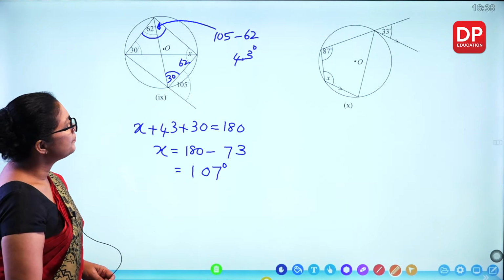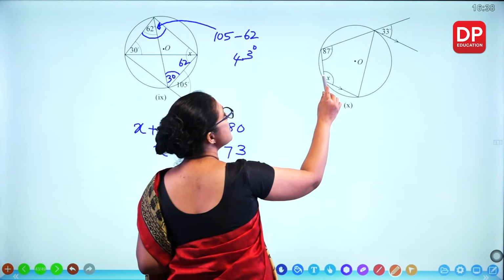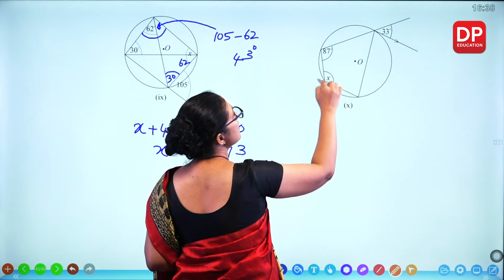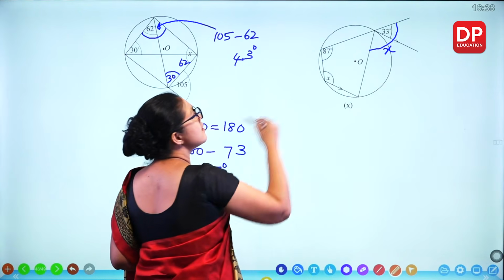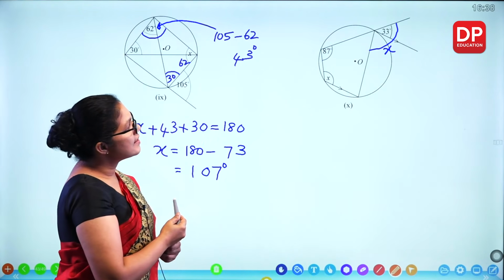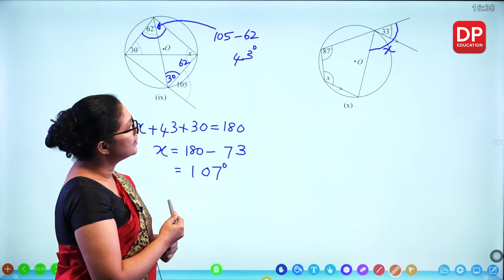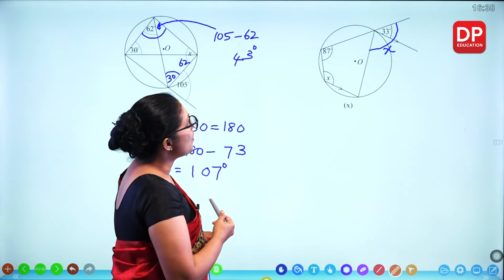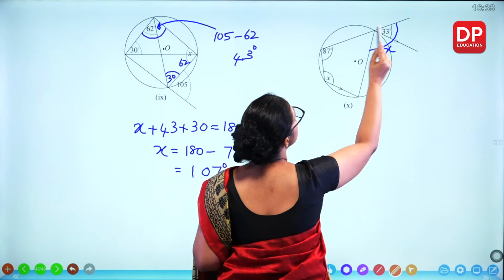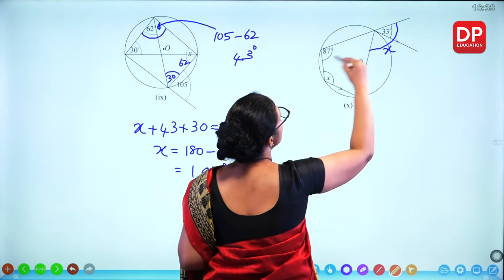Take the next one. This is x, means this whole thing is x. Exterior angle is the same as opposite interior angle. And this one, 30, this is parallel to this one.